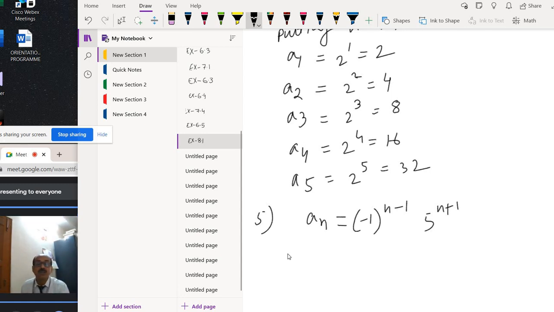Okay. So putting n equal to 1, 2, 3, 4, and 5.